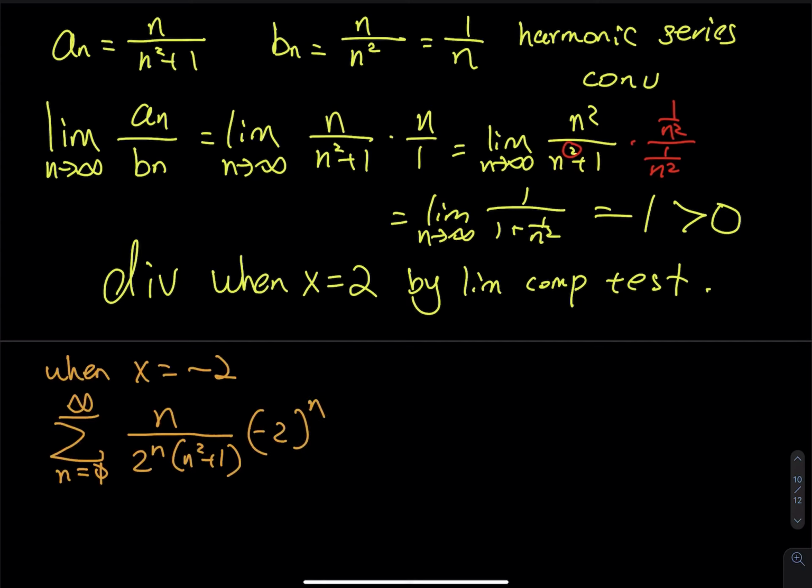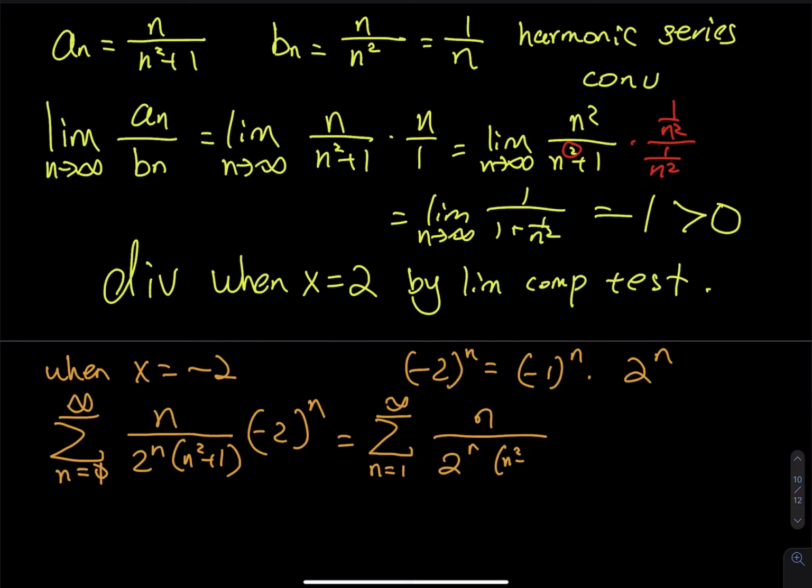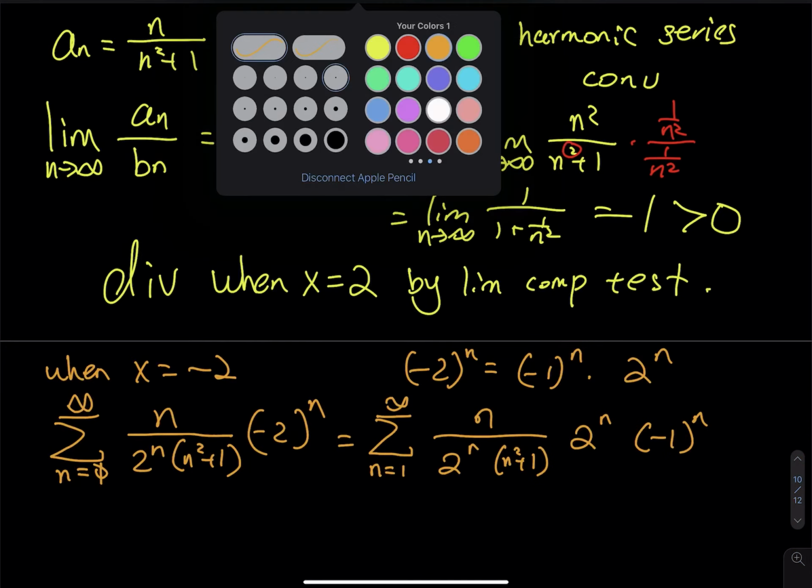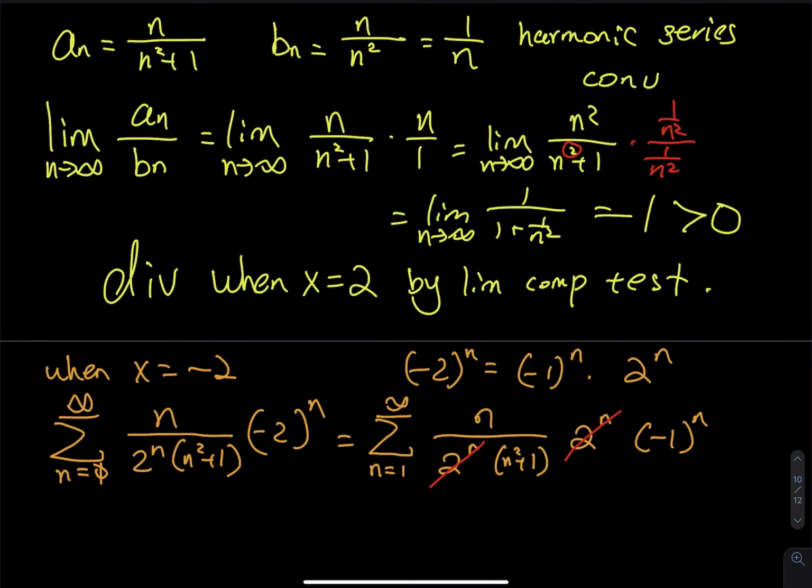What I am going to do next is break down the -2 to the n into -1 to the n times 2 to the n, because there is a 2 to the n in the denominator. This is a technique that you will have to learn in this lesson. So you have n divided by 2 to the n times n squared plus 1, times -1 to the n, and I can make a simplification before analyzing the alternating series.